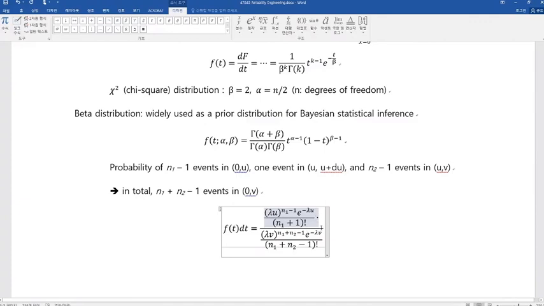So that means what we need is lambda du during the time interval du, and lambda would be the occurrence rate.